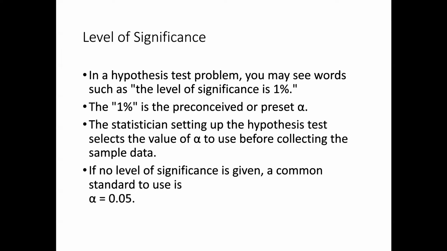If a type 1 error is serious, then you're going to want alpha to be as small as possible. The statistician setting up the hypothesis test selects the value of alpha to use before collecting the sample data. If no level of significance is given, a common standard to use is alpha is 0.05.